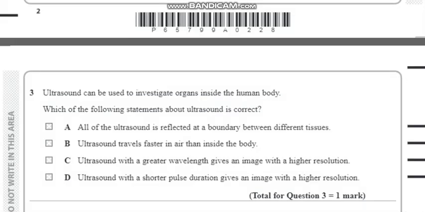Ultrasound can be used to investigate organs inside the human body. Which of the following statements about ultrasound is correct? Remember guys, they're asking us to find the correct statement and not the incorrect one. Read the question properly. If we look at the first option, which is all of the ultrasound is reflected at a boundary between different tissues. The reason this is incorrect is because not all of the ultrasound is reflected.